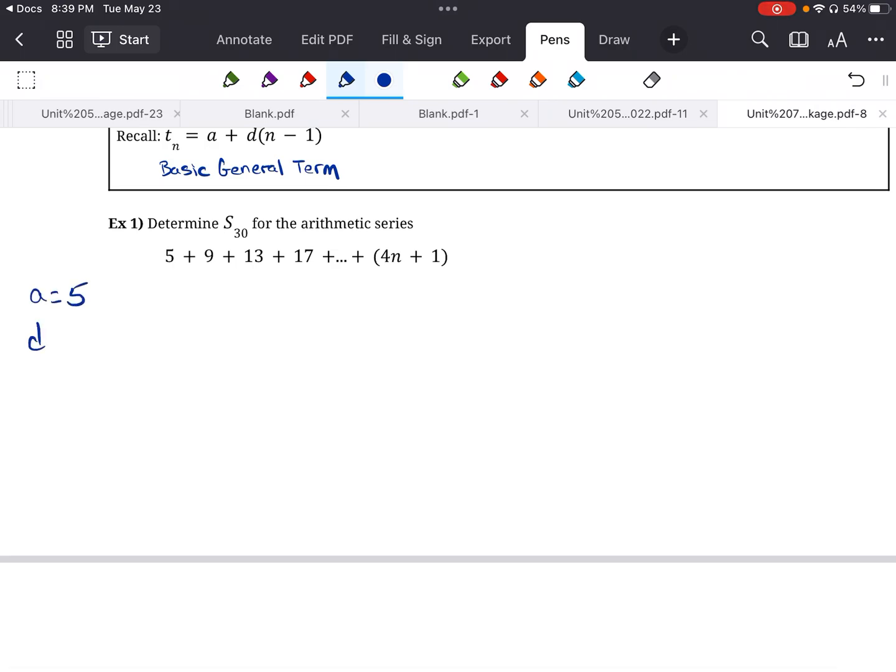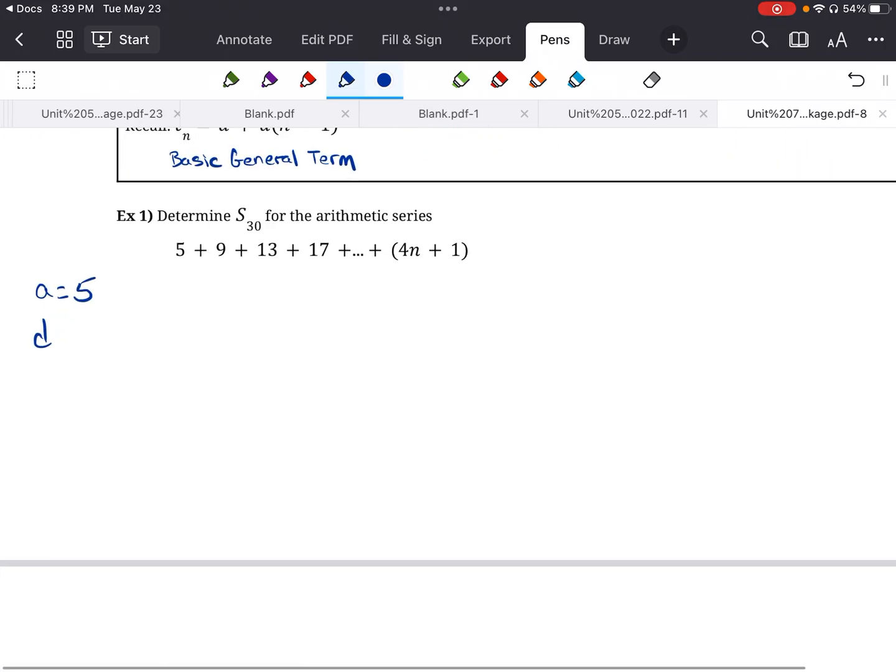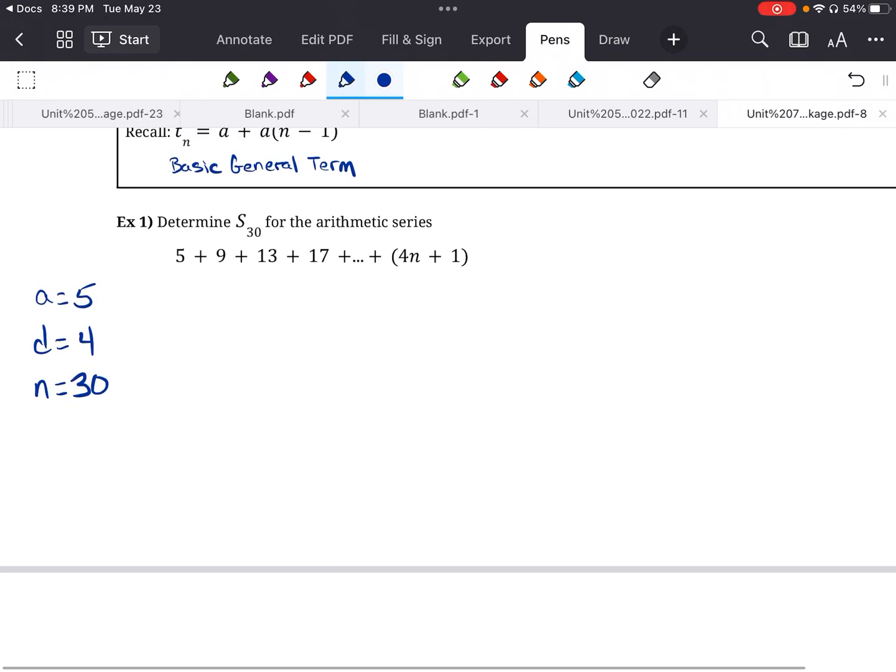The difference, this is arithmetic, they're adding by 4 each time. And the term number we're trying to get to is 30. Okay, so our ending point, the 4n plus 1, is our Tn.